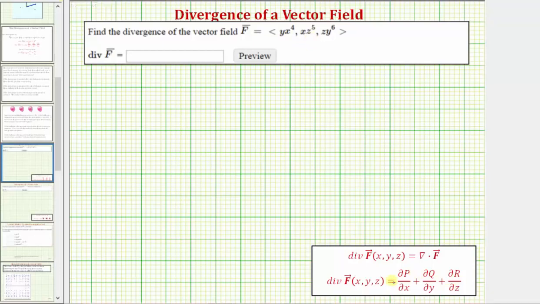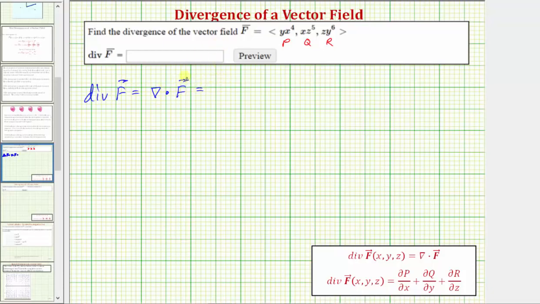So again, if we use this formula here, we would have p equals yx to the fourth or x to the fourth y, q equals xz to the fifth, and r equals zy to the sixth or y to the sixth z. But let's show this as a dot product. So the divergence of the vector field f is equal to del dotted with the vector field f.